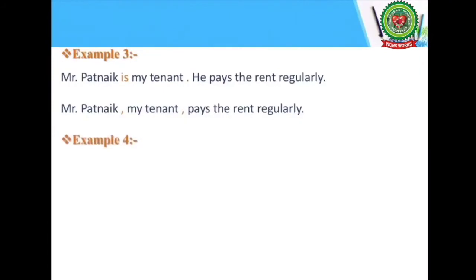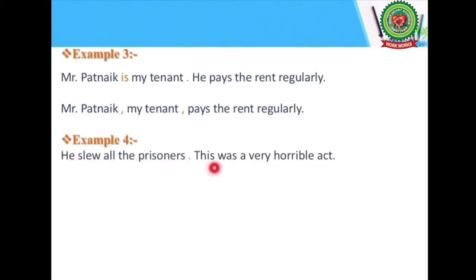See example number 4. This is a little bit different. He slew all the prisoners. This was a very horrible act. Now in this sentence, we have been given additional information about an action and not about the subject or the object. So in this case, instead of putting a comma, we will put a hyphen.